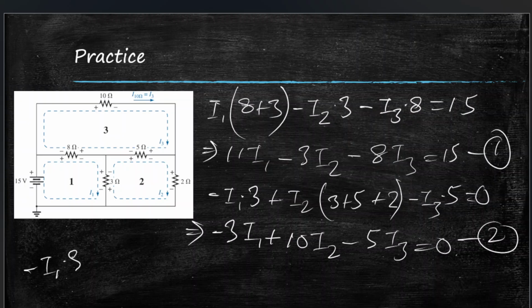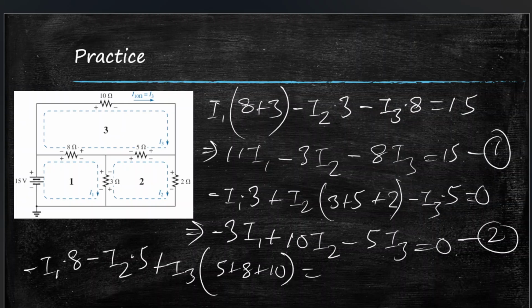Okay, I1 times 8. And then minus I2 times 5. And then plus I3 and everything else. So 5 plus 8 plus 10, equal to no voltage sources in loop 3, so 0.